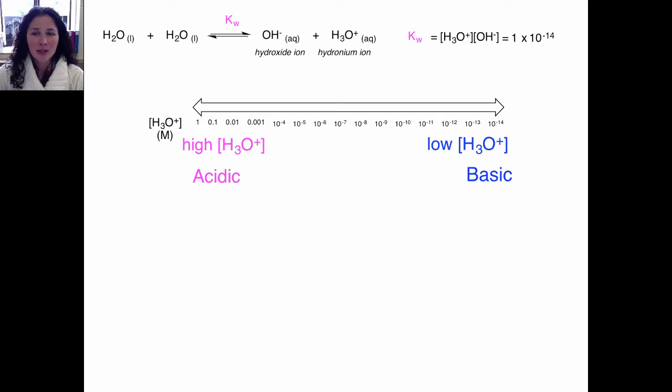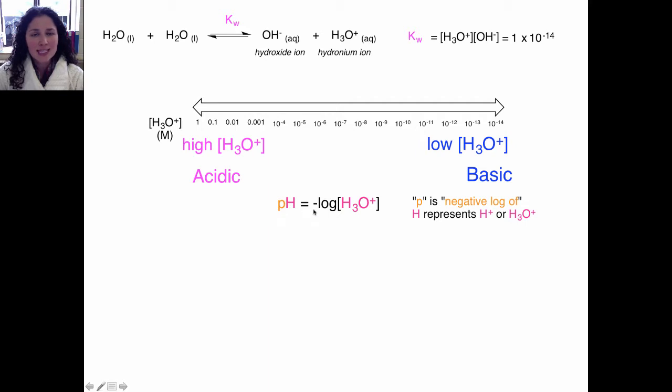Today we're going to talk about the concentration of hydronium ion in solutions using pH. The reason we use pH is because it's hard for us to think of concentrations in terms of exponential values, and so we use a logarithmic scale instead. The logarithmic scale is the pH scale.